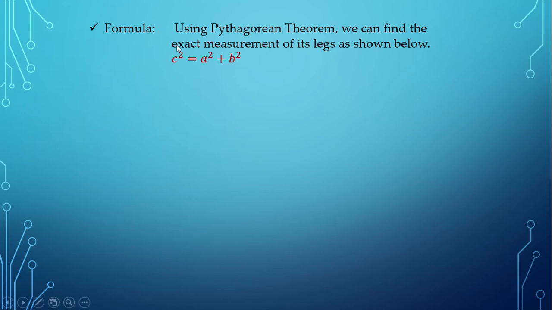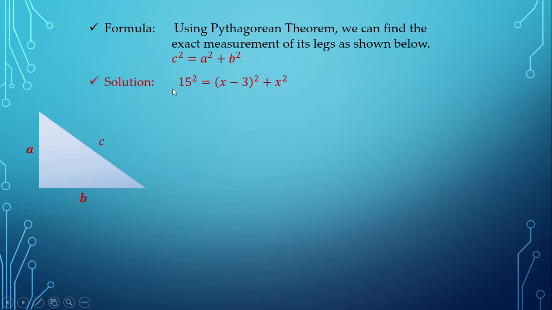So the square of the hypotenuse is equal to the sum of the squares of the two legs, a and b. Okay, here. So leg a is the shorter leg, leg b is the longer leg, while c is the longest side, the hypotenuse.